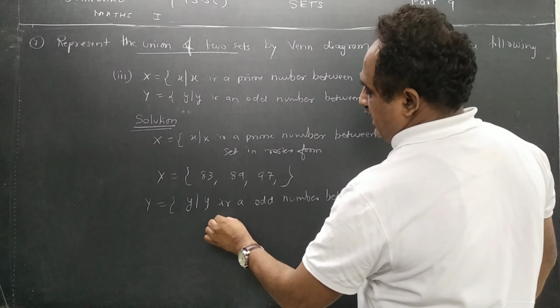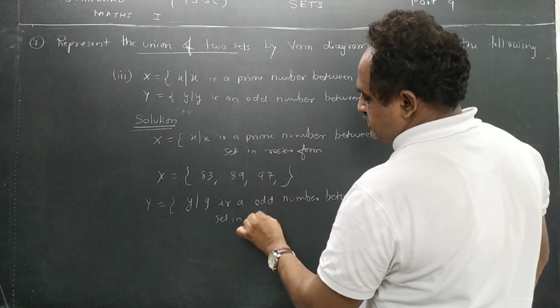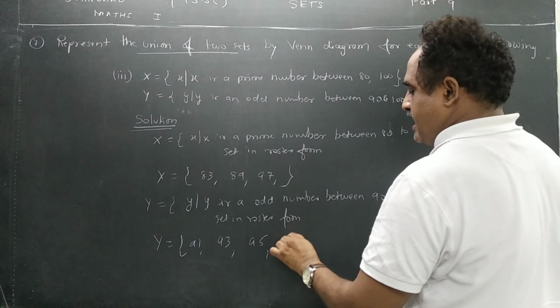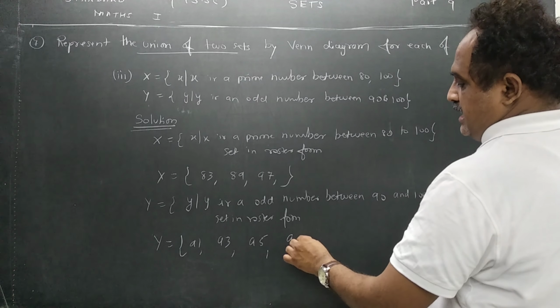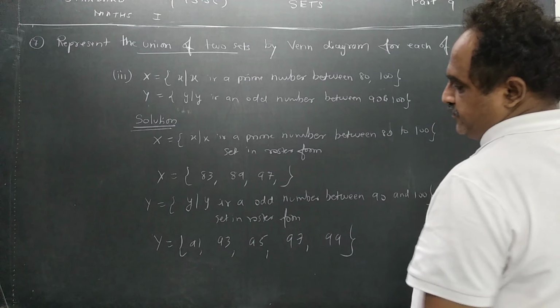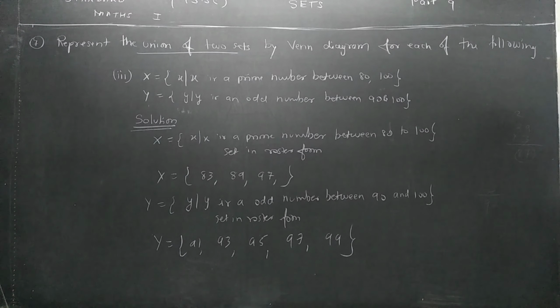So set in roster form. क्या होगा? Y is a set of odd numbers ना? तो 91 is there, 93 is there, 95 is there, 97, 99. Correct it is.